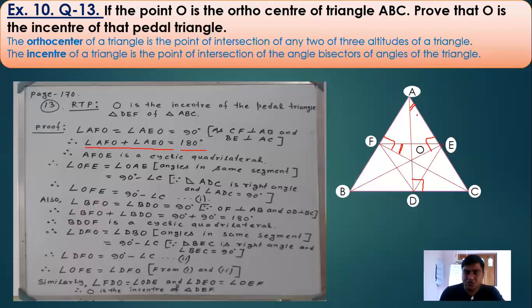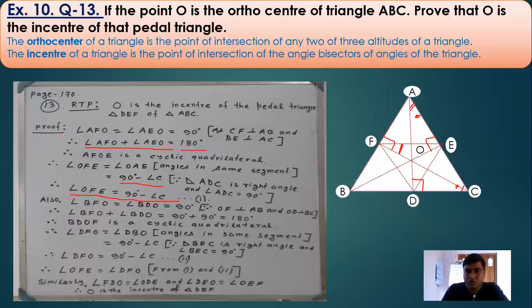So therefore, the sum of these two angles is 90 degrees. So this angle OAE equals 90 degrees minus angle C. So therefore, angle OFE equals 90 degrees minus angle C. This is equation number 1.